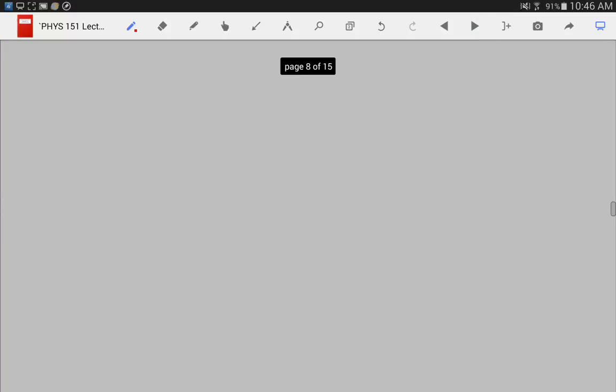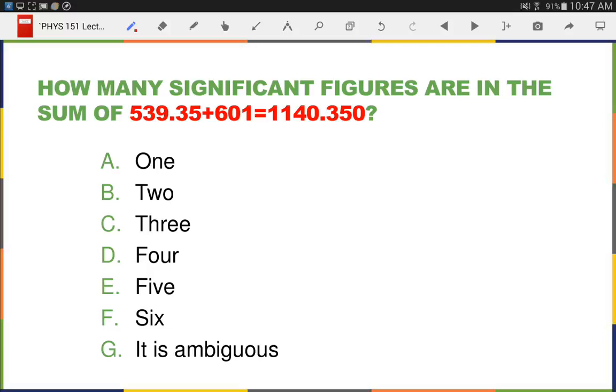Okay, that one, the one people usually do better on. This one, the one they usually do worse on. Now I changed the number from 600 to 601 so that this number now is not ambiguous. And I asked what's the significant figures for the sum of these two numbers.